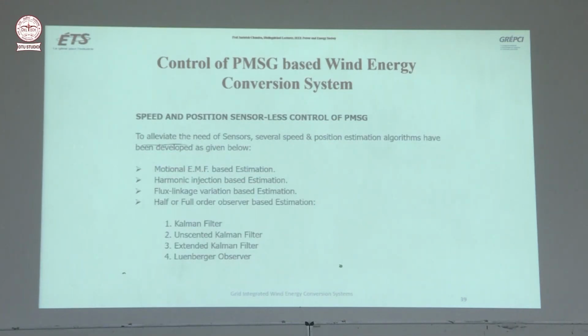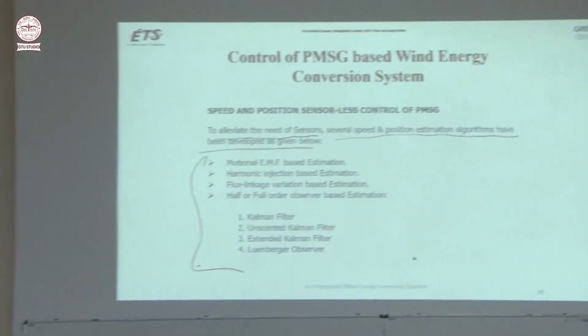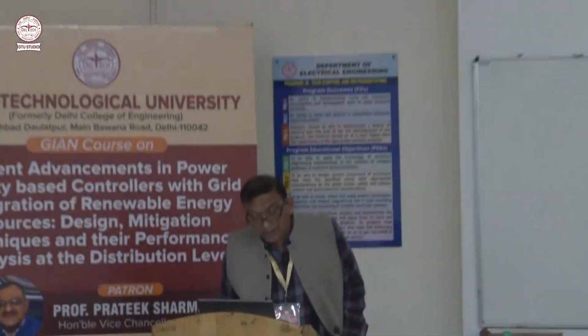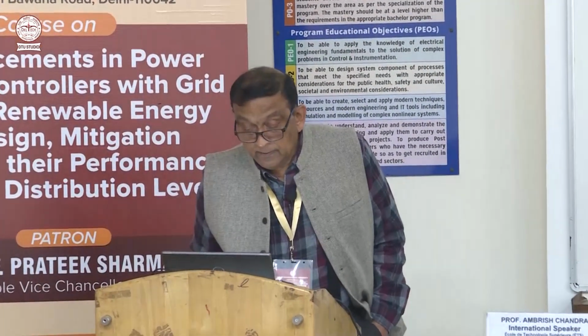So to alleviate the need of sensors, several speed and position estimation algorithms have been given. There are many other algorithms where you need not use speed and position sensors. You estimate those things.